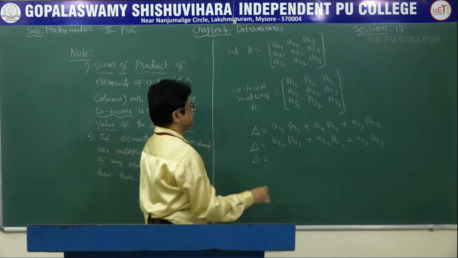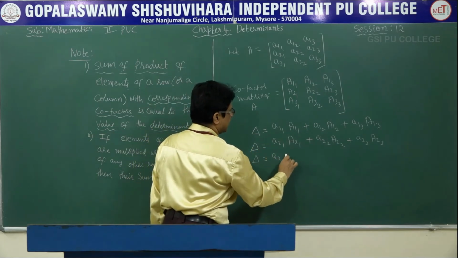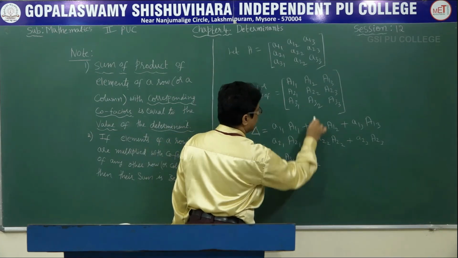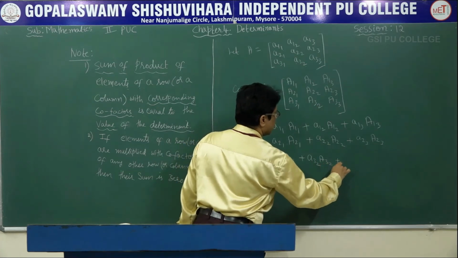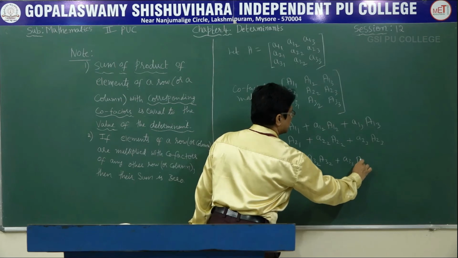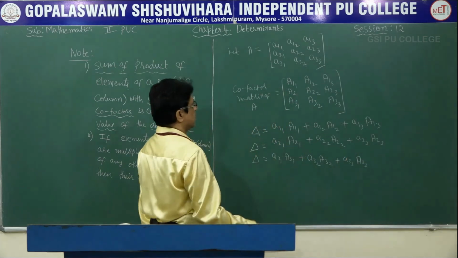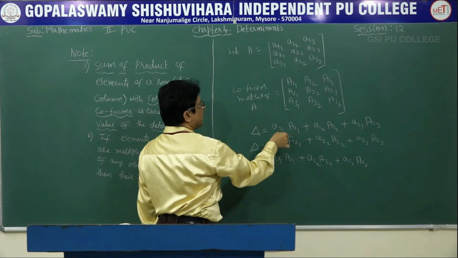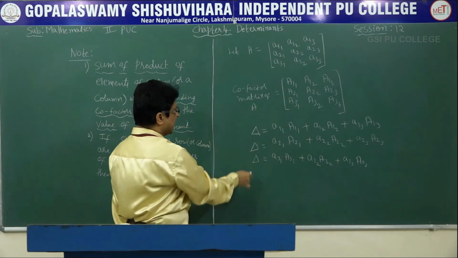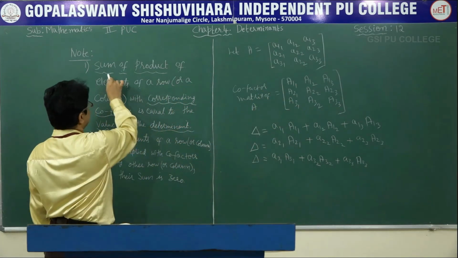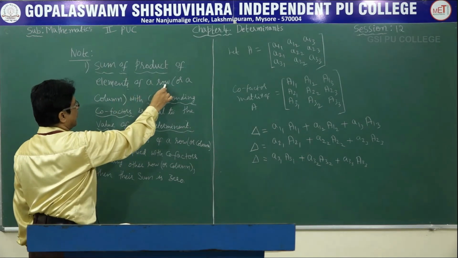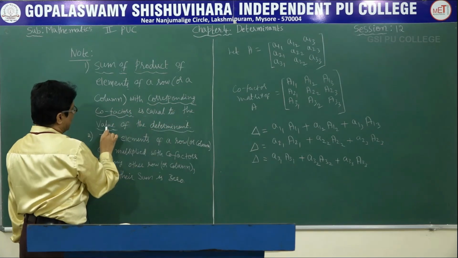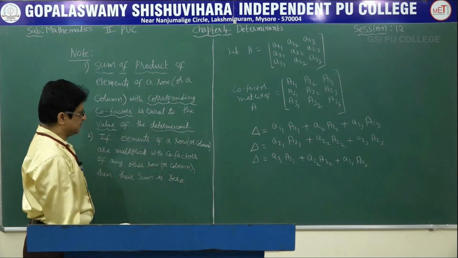Delta equals A31 into capital A31 plus A32 into A32 plus A33 into A33. That means if we take any row or a column and multiply with its corresponding cofactors and take the sum of it, then we get the value of the determinant.